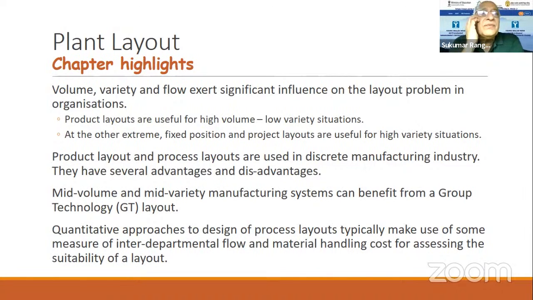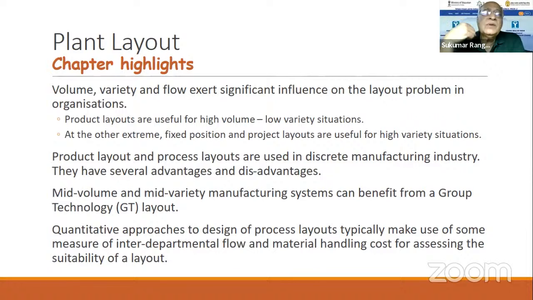So we have come to the end of the plant layout thing. So what we discussed was volume, variety, and flow. These are the three main factors which decide the layout of a plant layout or a service layout.